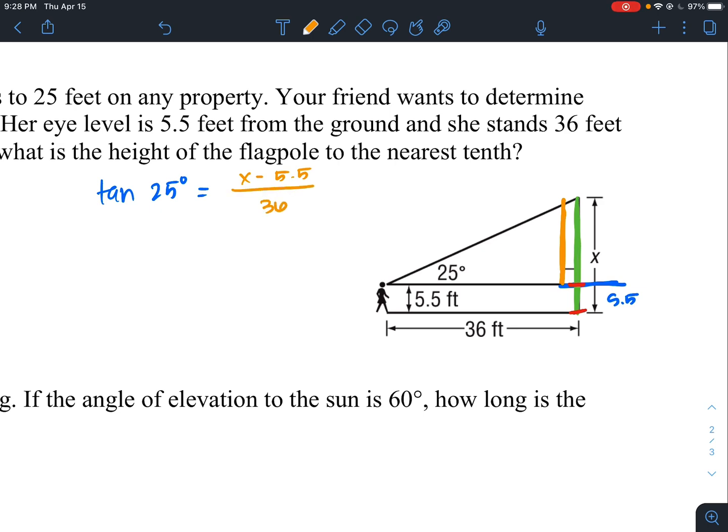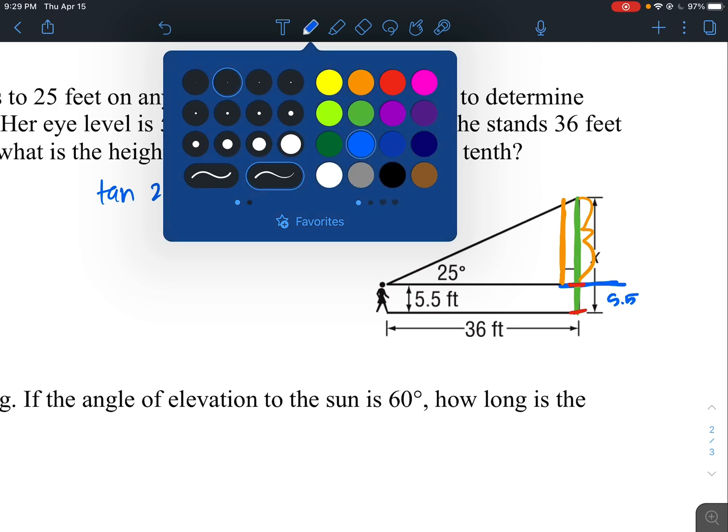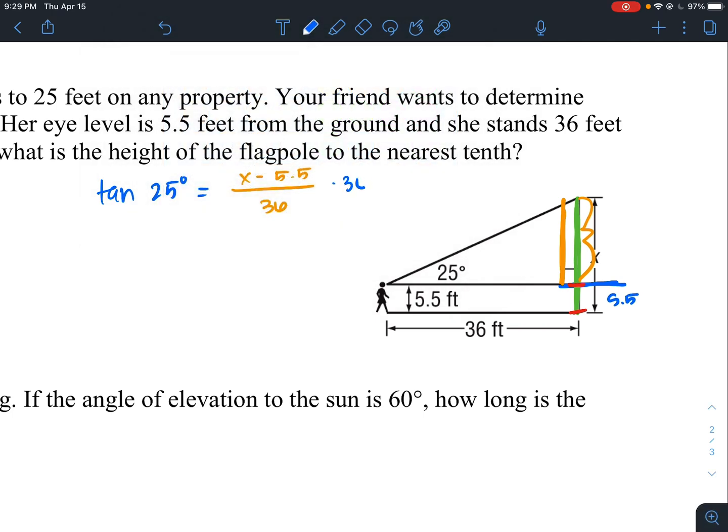So here is my tangent ratio. My tangent of 25 degrees is x minus 5.5, because that's the length of this leg right here, divided by 36. And x is the height of the flagpole. So I need to multiply by 36 on both sides, so I get 36 tangent of 25 degrees is equal to x minus 5.5.